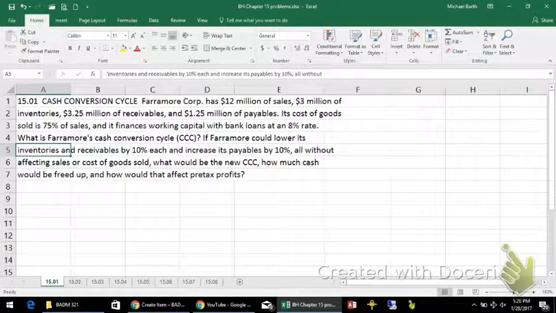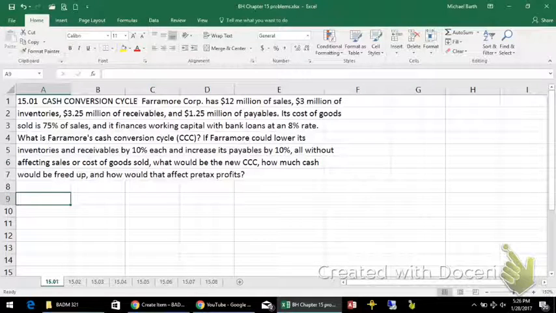All of that's not going to affect sales or cost of goods sold. What would be the new cash conversion cycle? And then part 3, how much cash would be freed up, and how would that affect profits?